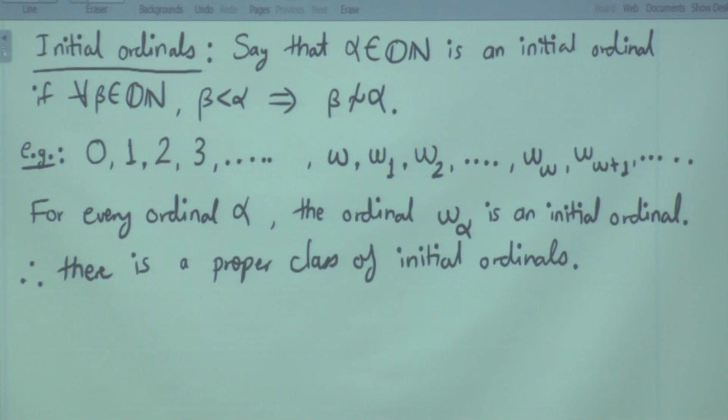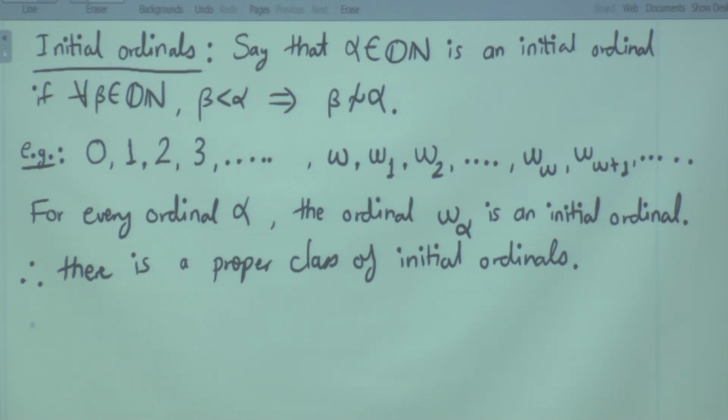So what is there to note? Look at omega. Omega is the least infinite initial ordinal. Let me write that. Least elements exist in every ordinal, but least elements also exist for every non-empty subset of On, of the class of ordinal numbers.